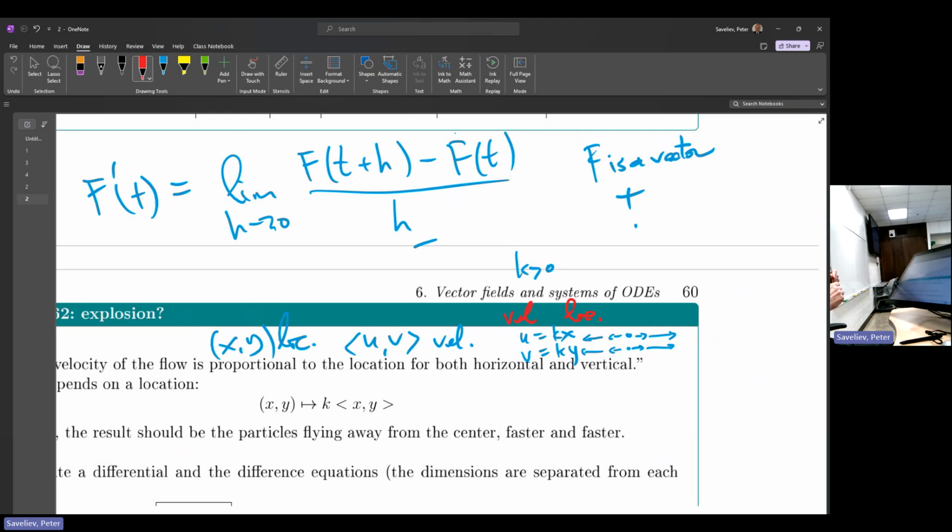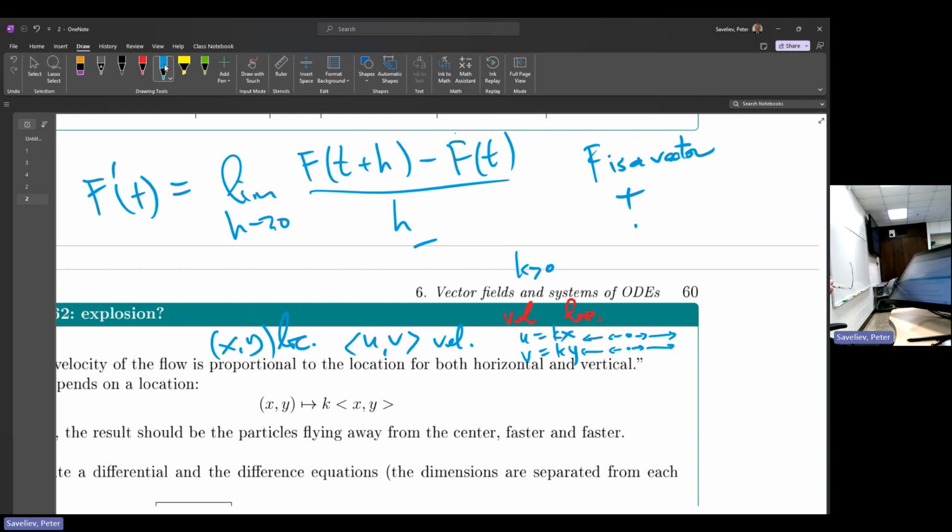So the question now becomes, if you were to combine these two dynamics, what is the dynamics? You still can describe it in the same fashion. The farther away you are from the origin, the faster you're moving, but the direction is not obviously present here. What is the direction?